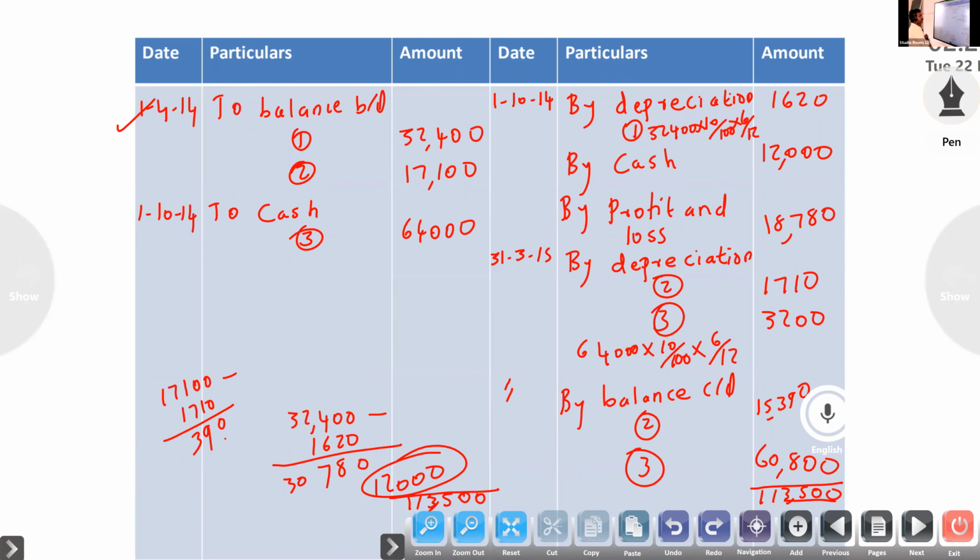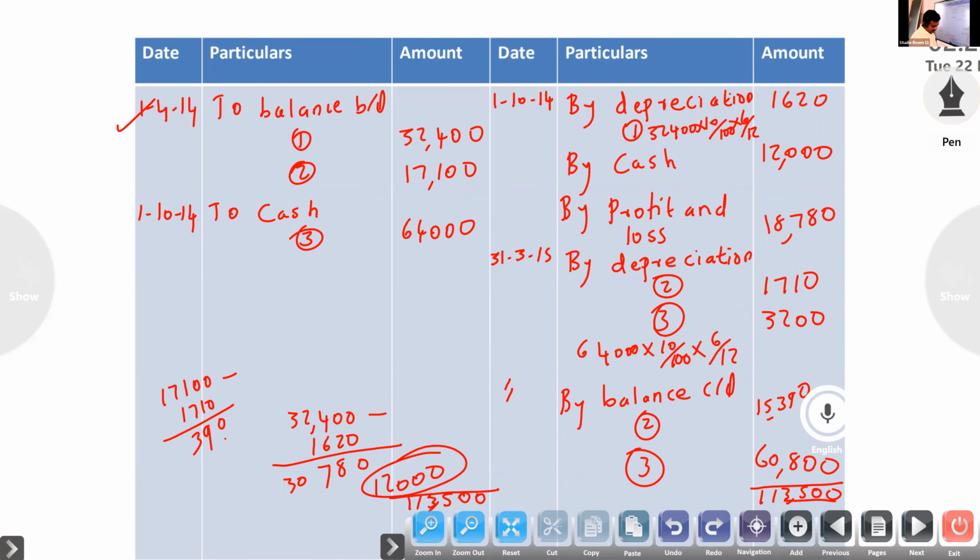So next one. Bharat Company purchased on 1st January 2011 a machinery for 19,200, installation 800, total 20,000. On 1st July 2012, additional machinery was purchased.